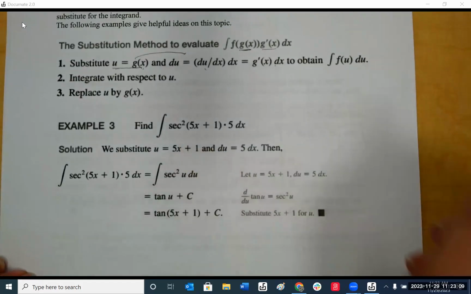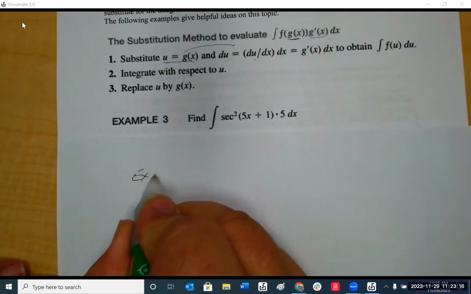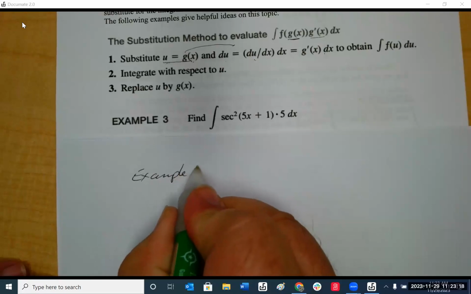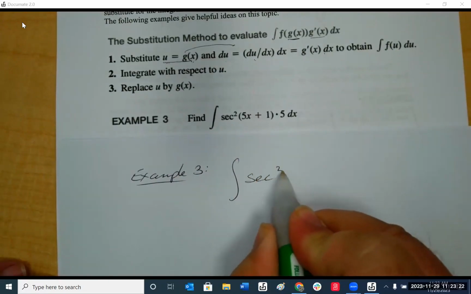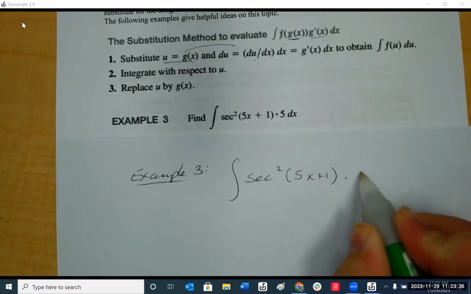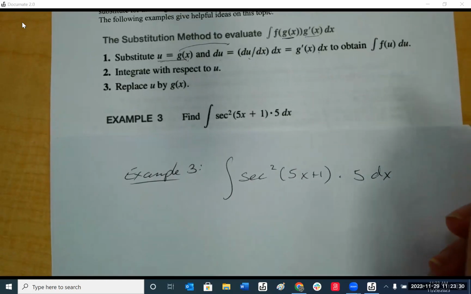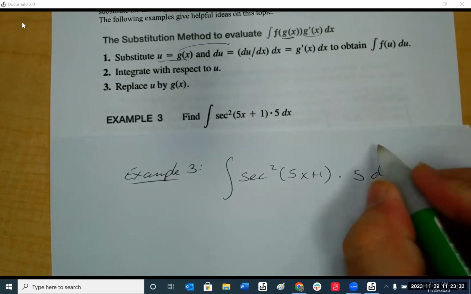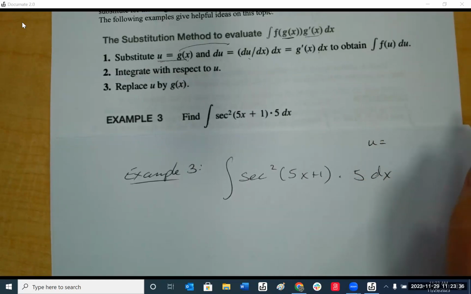Right, now in this example 3, the integral of secant squared of 5x plus 1 times 5 dx. Remember, the u part has to be the function that's within another function.